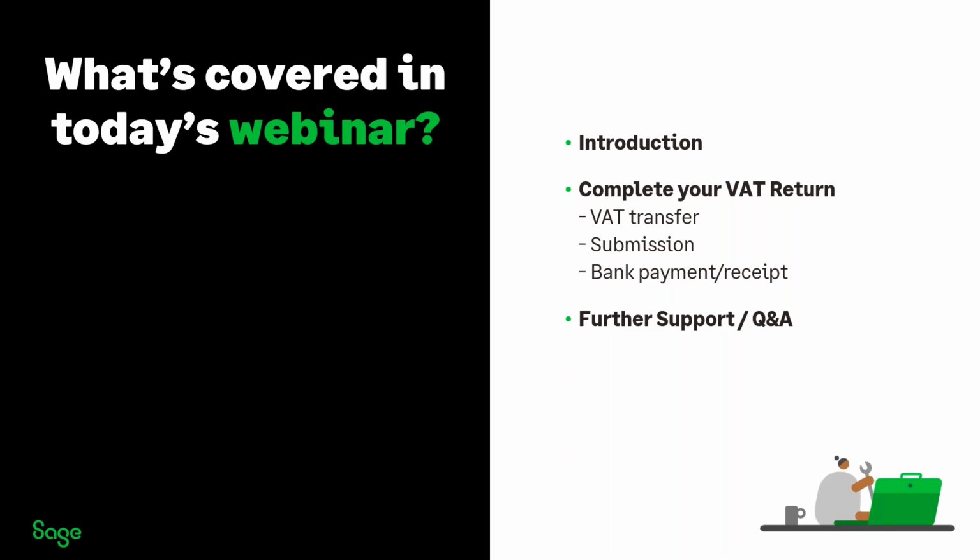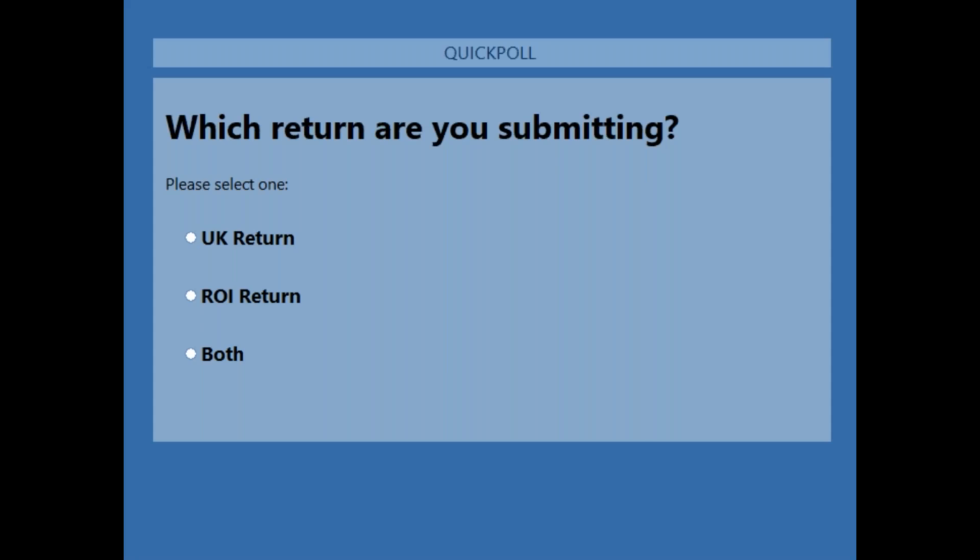I'm going to start with a quick poll, just before we get stuck into the webinar itself. I'll pop that on your screen. A nice simple question for you: which return do you submit? Do you do a UK return only, a Republic of Ireland return only, or both? Please choose an answer, and remember to submit it so it counts.